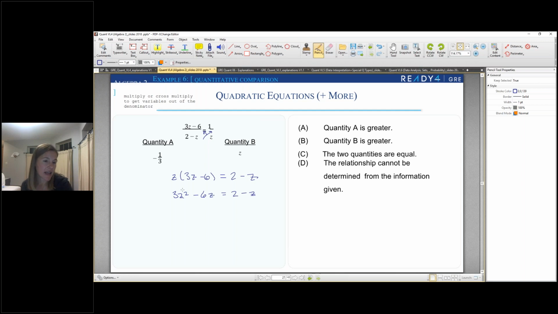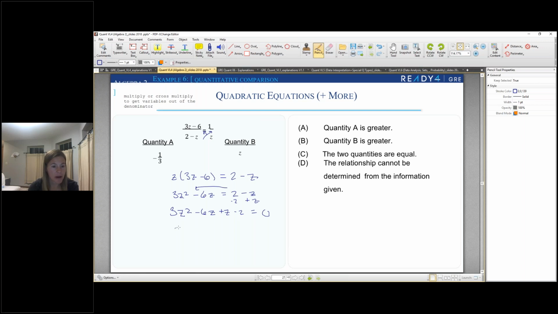I notice that I've got a square term, a linear term, and a constant, so now I'm thinking I'm probably going to be doing a factoring problem. But let me combine like terms. I'm going to get everything over to this side. 3z squared minus 6z is going to stay. Now I'm going to add a z over here and subtract the 2 from both sides too. So I just got everything from this side over here now.